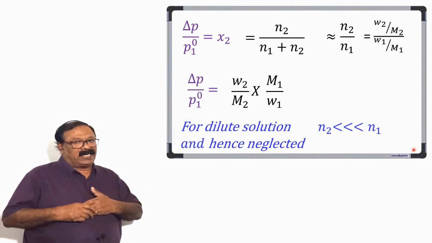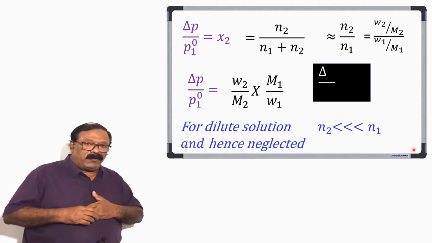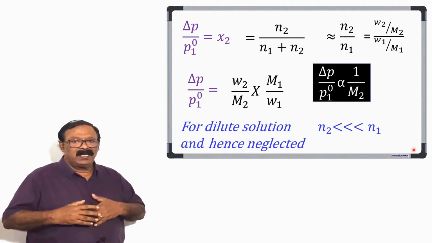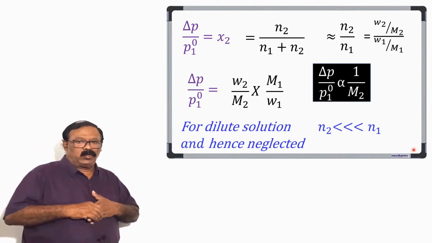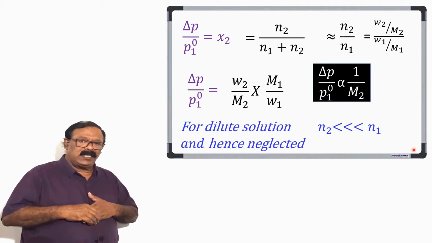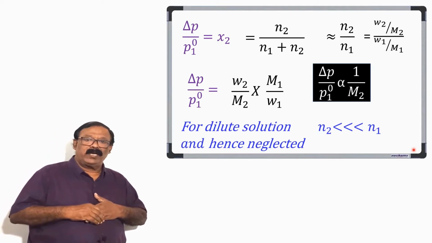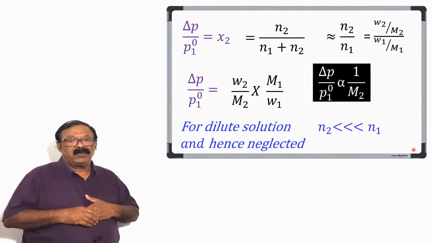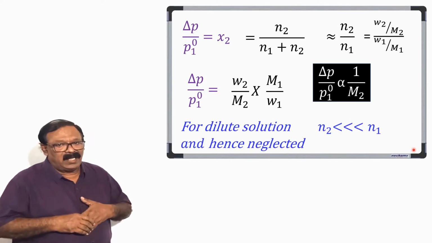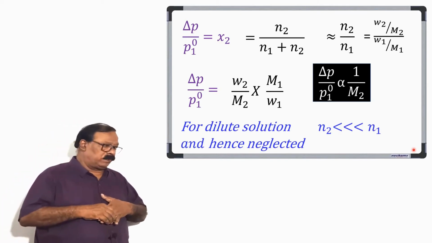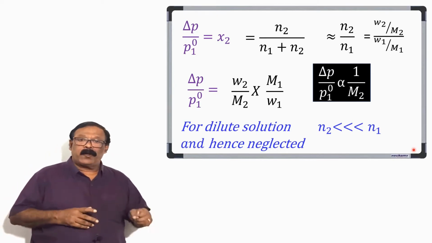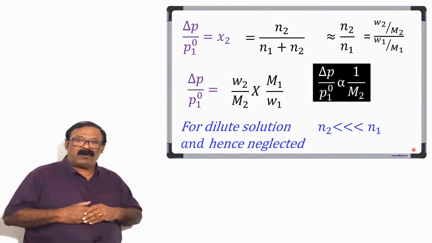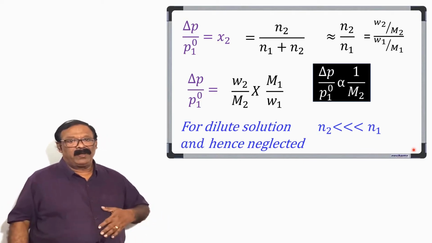Here we can see the relative lowering of vapor pressure is inversely proportional to the molar mass of the solute M2. And this equation can be used for calculating the molar mass of non-volatile solutes. Now, let us do some problems involving the relative lowering of vapor pressure.